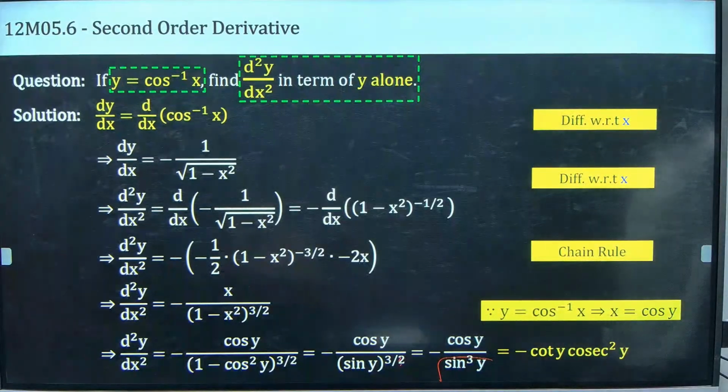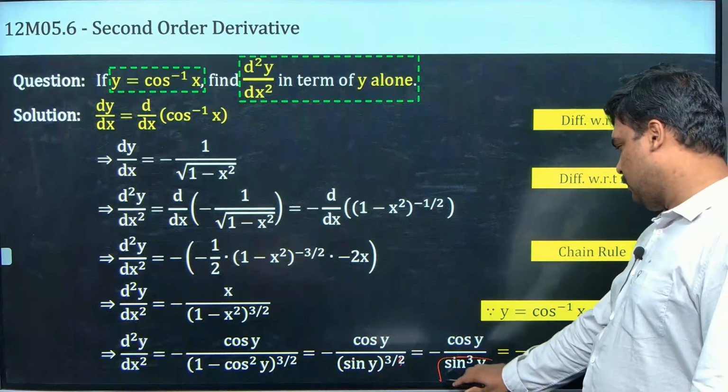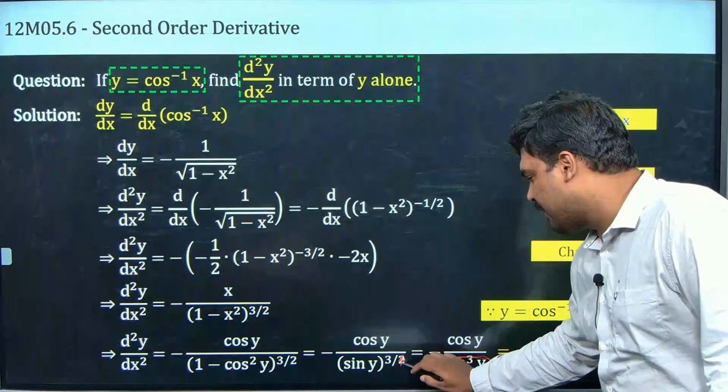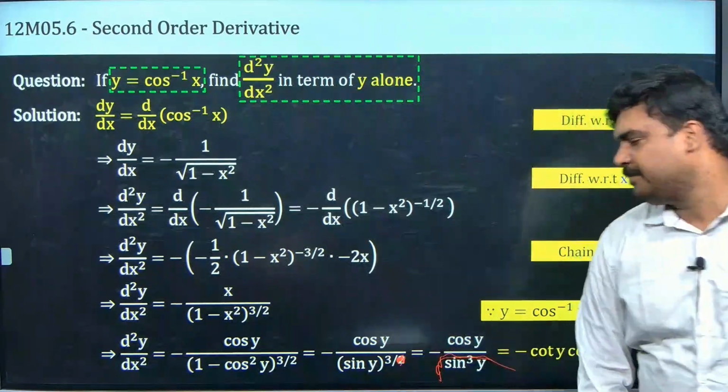Sir, the square root வராது sir. 3 by 2 sin square. Square root வராது, ஏன்னா 1 minus cos square y வந்து sin square, that both cancelled. This 1 by 2 is alone extra.